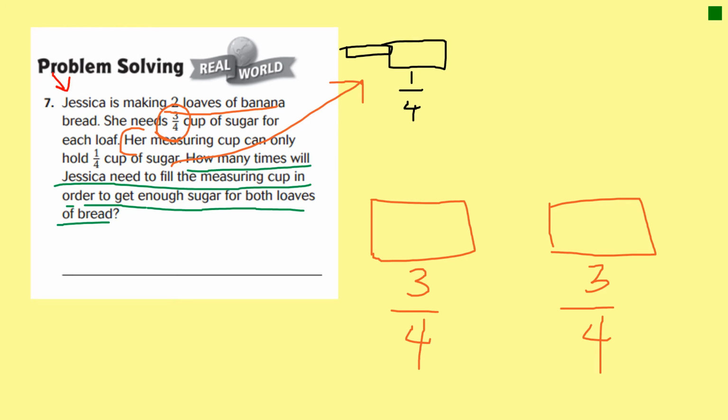So what they mean by that is, each time she fills the measuring cup, that's only 1/4 cup of sugar. Okay, so how many times is she going to have to scoop into the big tub of sugar?